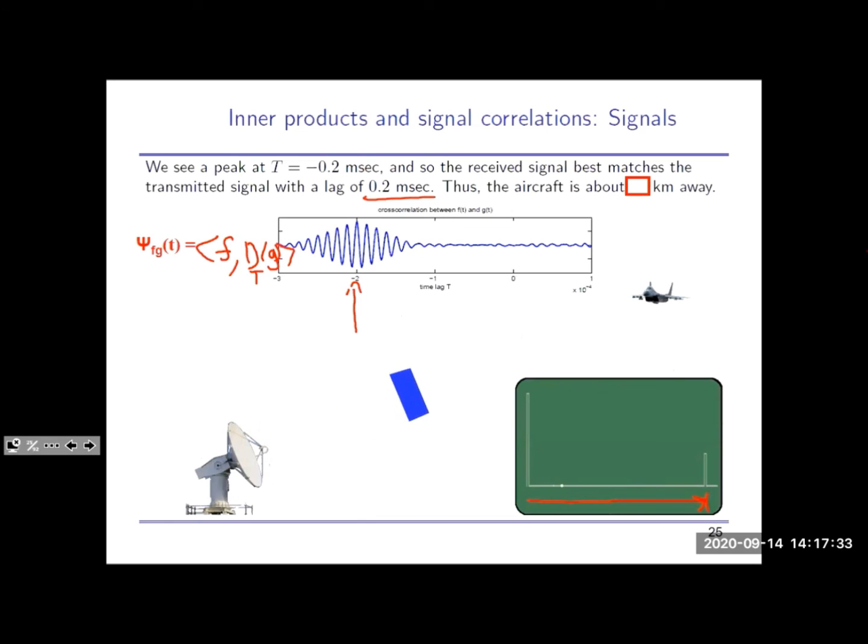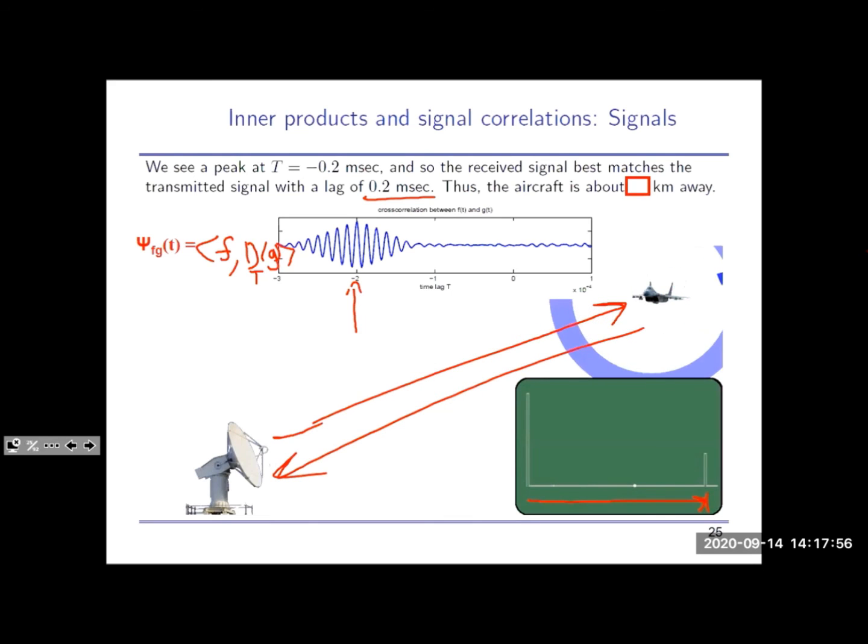How close is the aircraft from the airport? Consider the following. The signal goes in one trip and comes back, right? So consider that. What is it? 30 what? 30 kilometer, yes, exactly. Thank you.